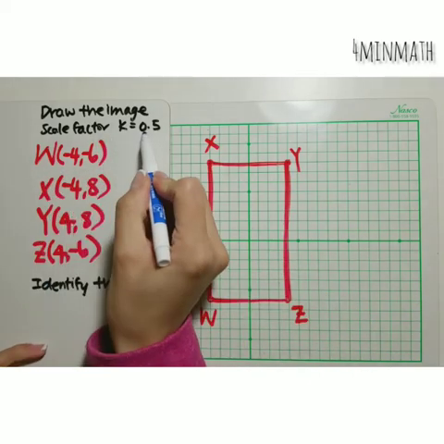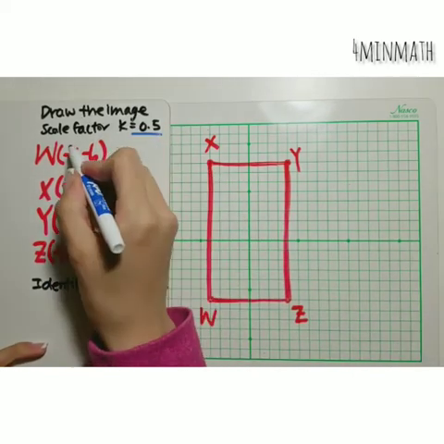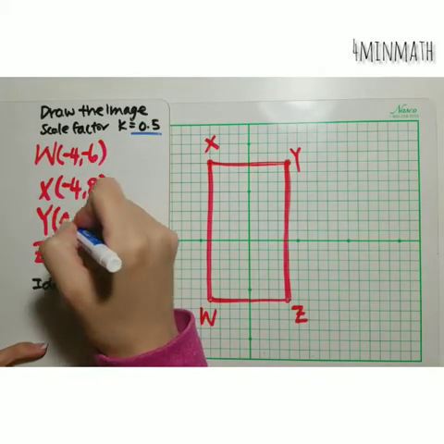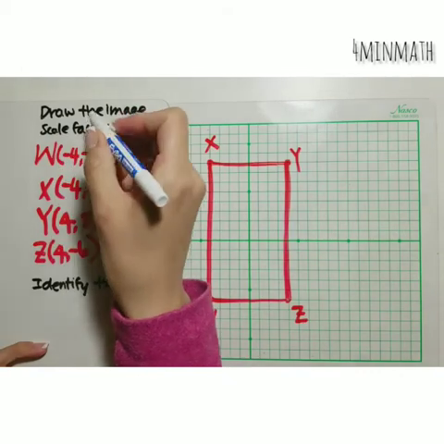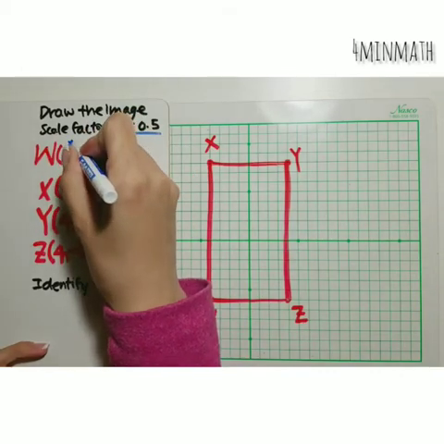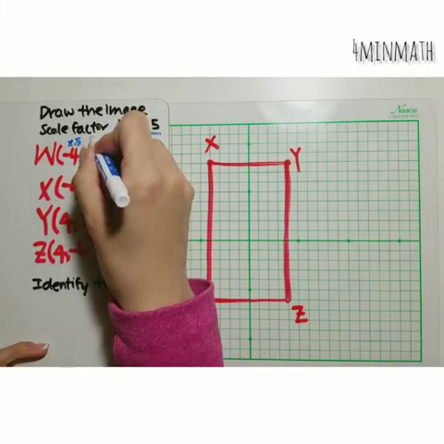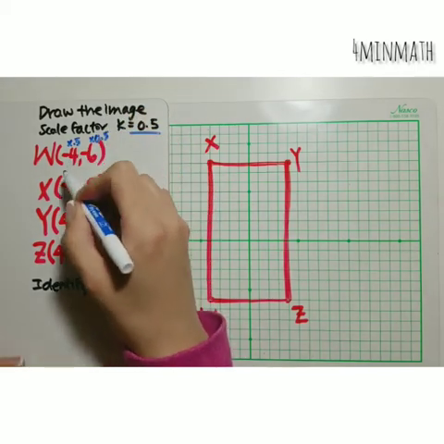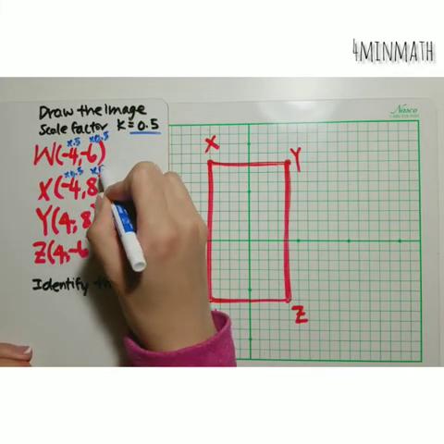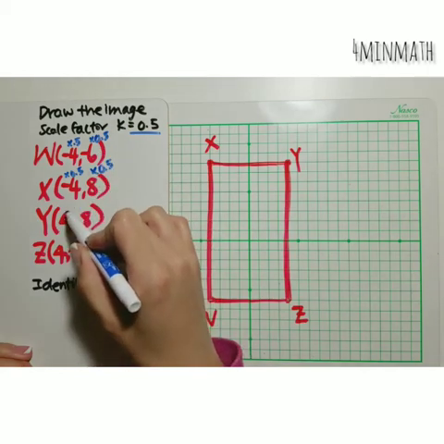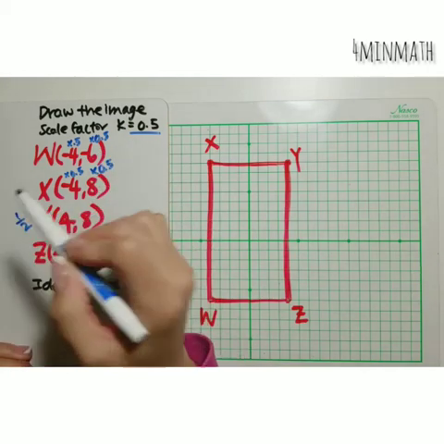But let's verify. I'm going to multiply by 0.5 all of my coordinates for each vertex. I'm multiplying by 0.5, basically reducing by 1/2.